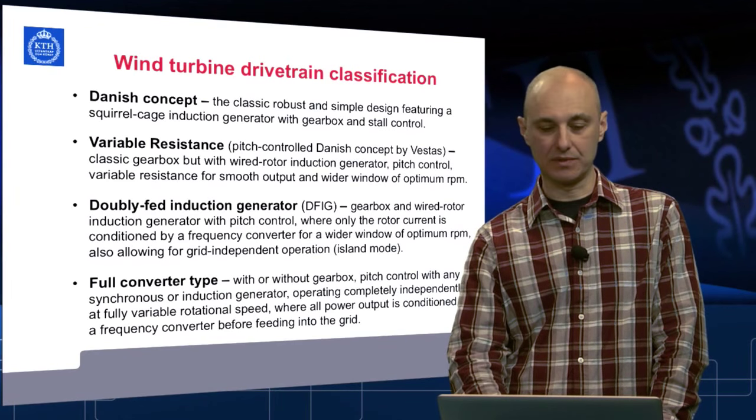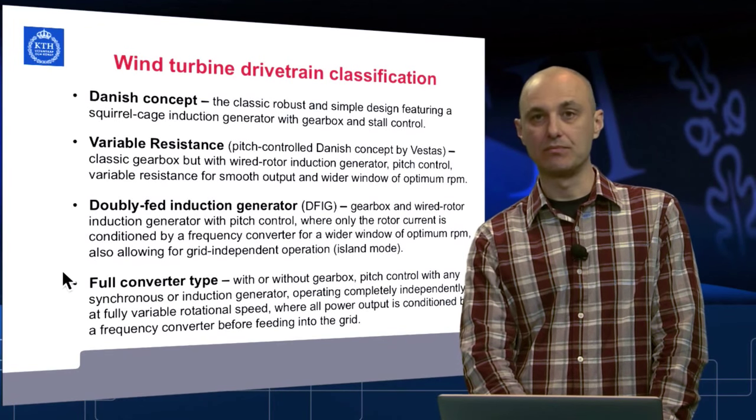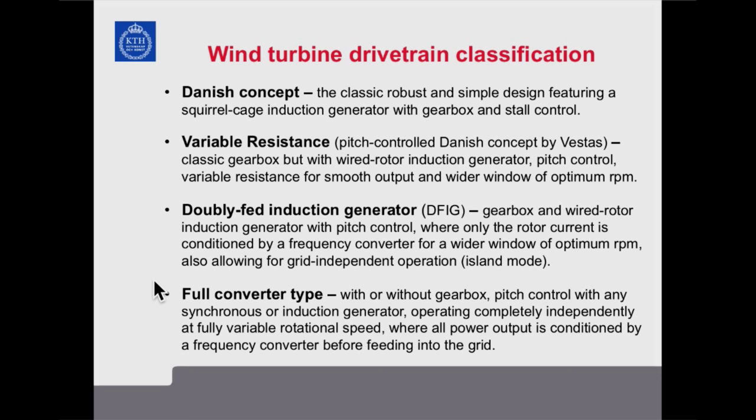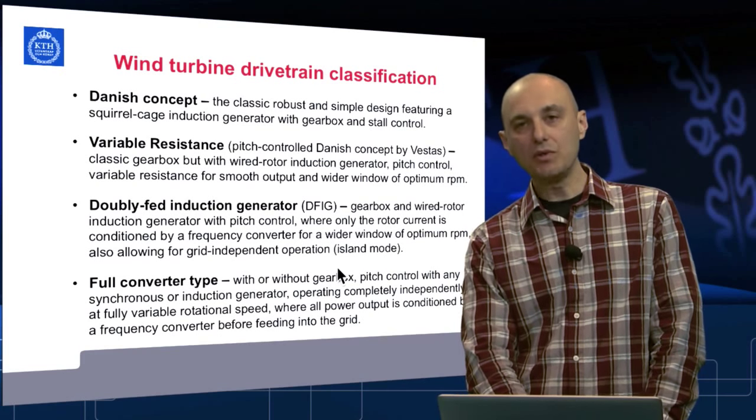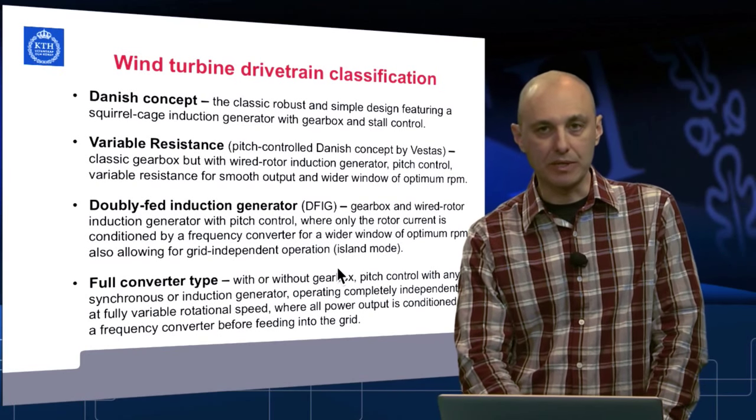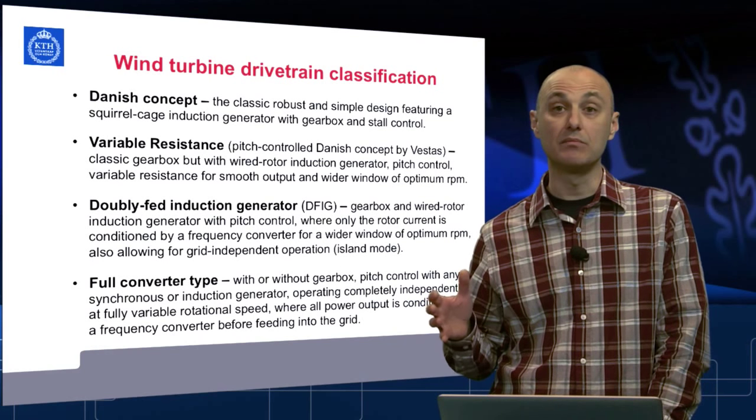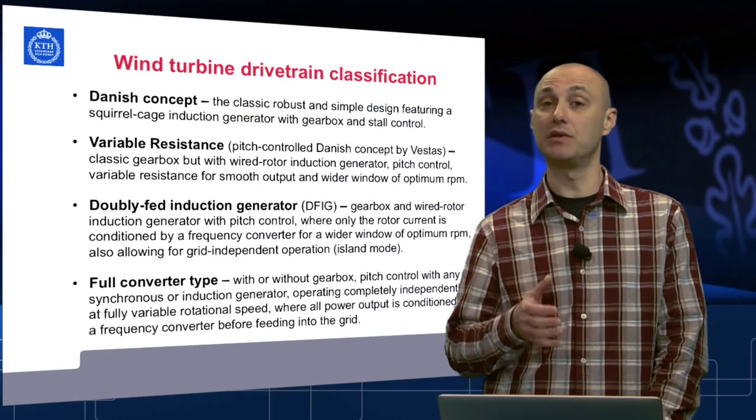So the variable resistance concept is using a wound rotor induction generator and acting on the rotor currents to smoothen out the performance. Next option, the doubly fed induction generator, allowing for a wider window of variable rotor operation, a larger window of optimum tip-speed ratios. Also allowing for island mode operation, grid independent, because the Danish concept is not able to do that.